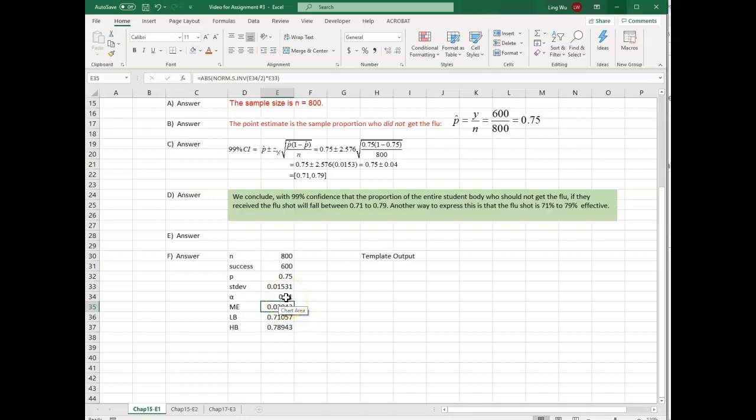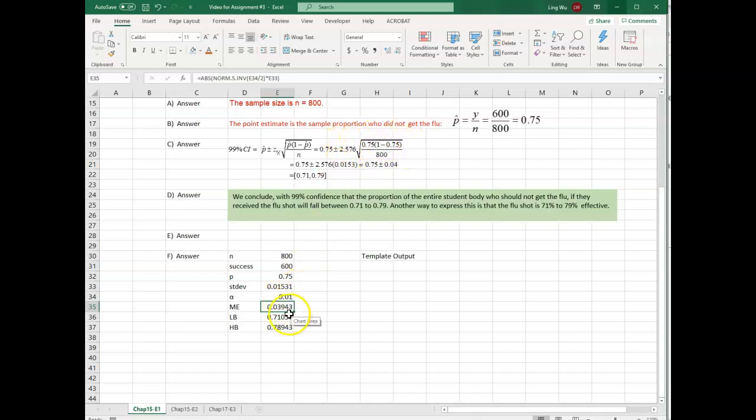For a 99% confidence interval, remember it's two-sided, so we use NORM.S.INV with 0.01 divided by 2, for the two sides, and then multiply by the standard deviation we calculated. That gives us the margin of error.